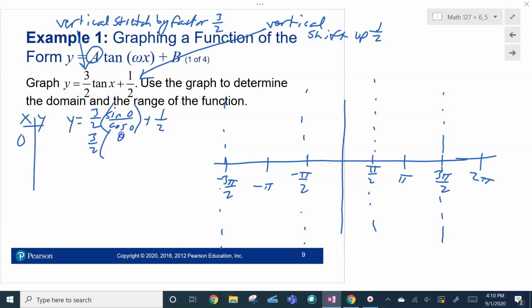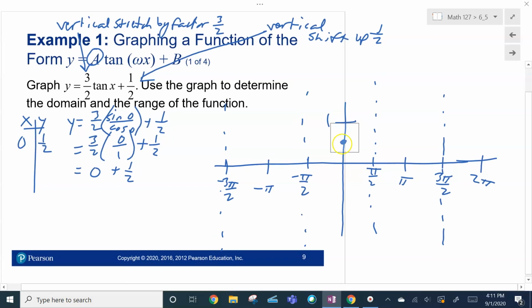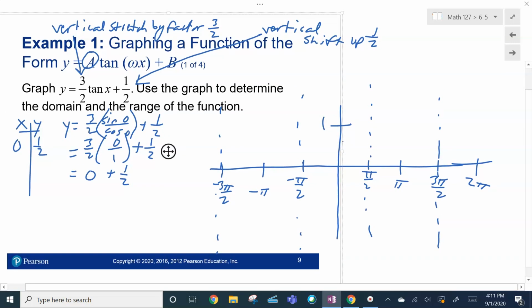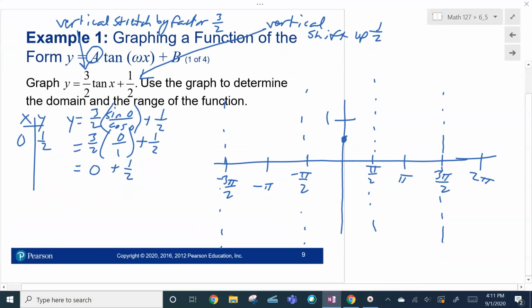We know that sine 0 is 0, cosine 0 is 1. So 0 times that 3/2, we got 0, plus a half: 0 comma 1/2. There's 0 comma 1/2 right there. 0 comma a half.